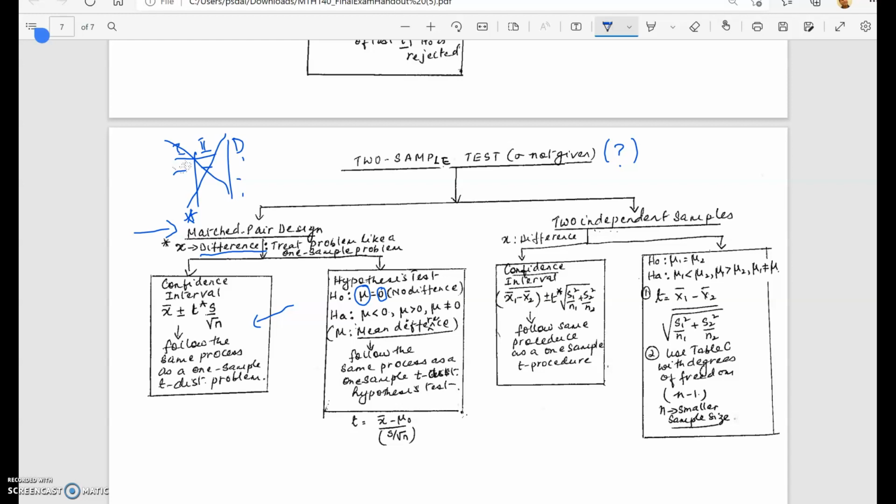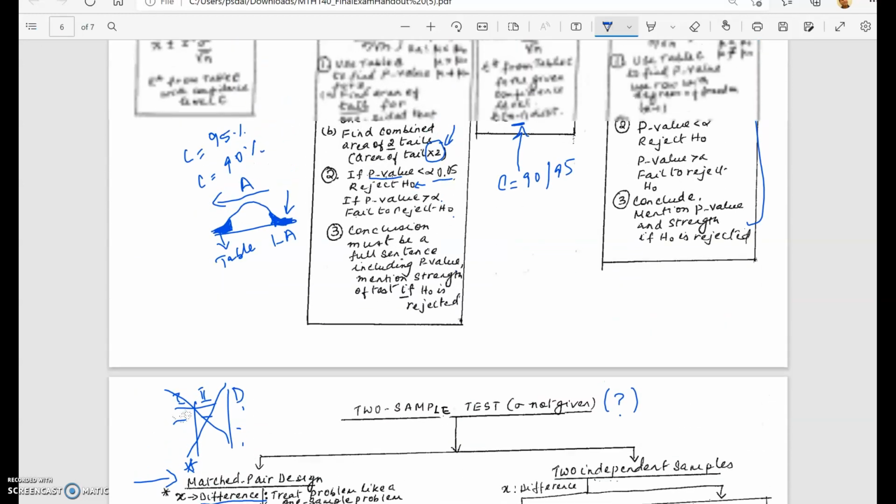If it's two independent samples, notice there are two mu's, two s's as the standard deviation of each sample, and two sample sizes. Basically the rest is just plugging numbers into the problem. So the solve part is taken care of in these two charts. There's nothing to memorize. Everything is in here.